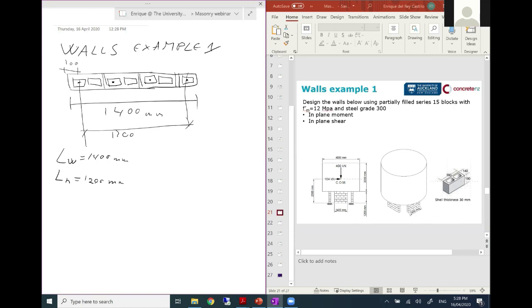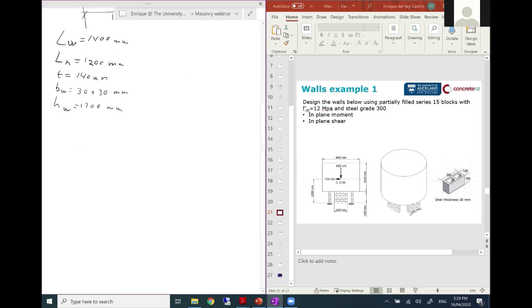And then we have the thickness, which is equal to 140 millimeters from that example on the right-hand side. But my effective thickness, or my effective width, is actually 2 times the shell, 30 plus 30 millimeters, because we have partially grouted wall. And finally, the height of the wall, which is 1200 millimeters.